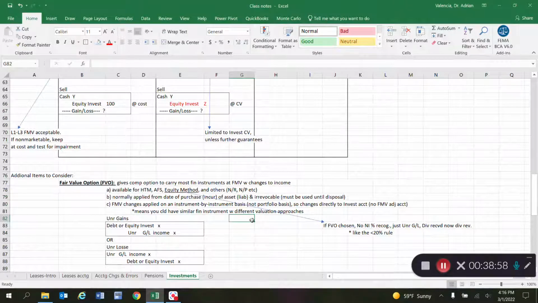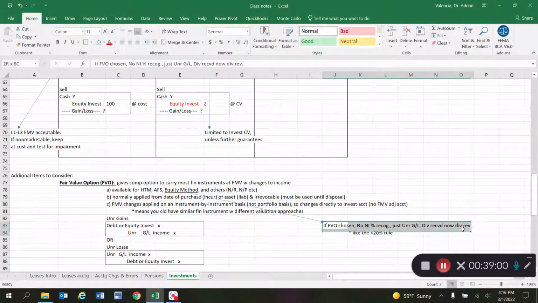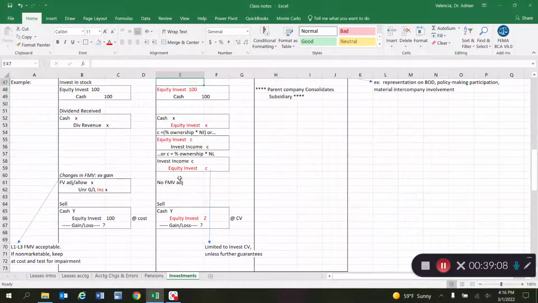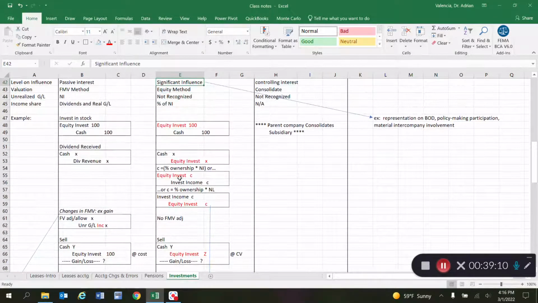Here I'll have a little note on the side. If you do choose to apply the fair value option to the equity method, let me remind you a little bit about the equity method here. Under the equity method, net income increases the equity investment, and then dividends decrease the equity investment. So this is where we track a percentage of the income of the company we're invested in.